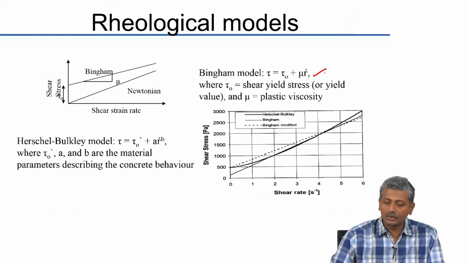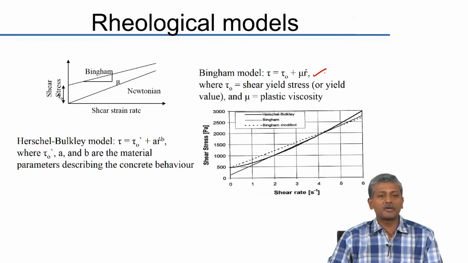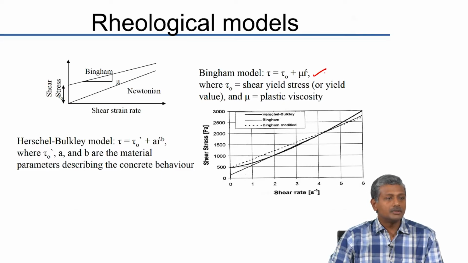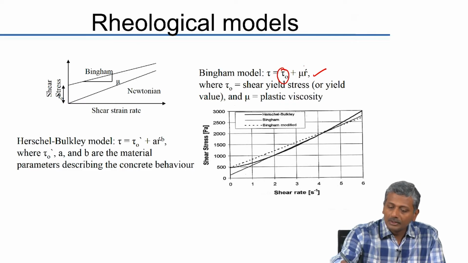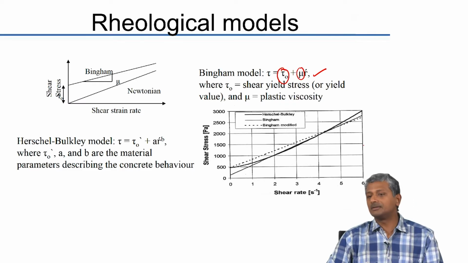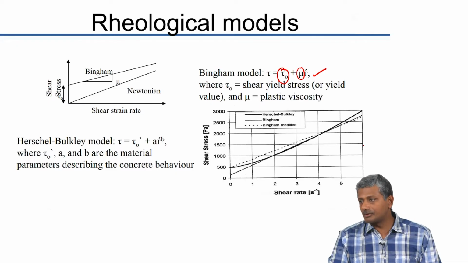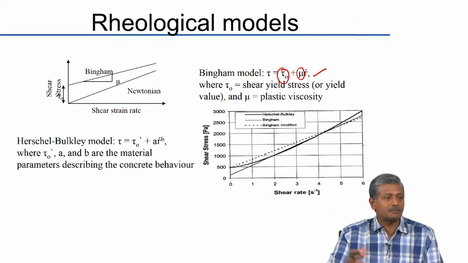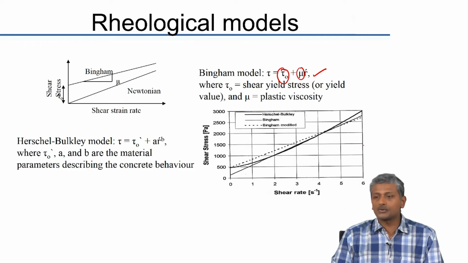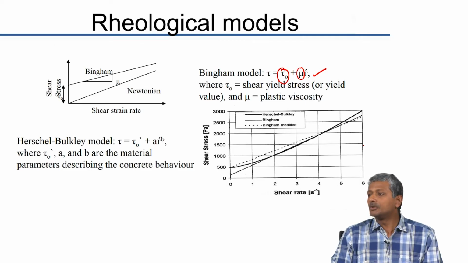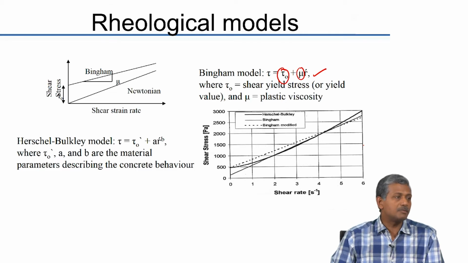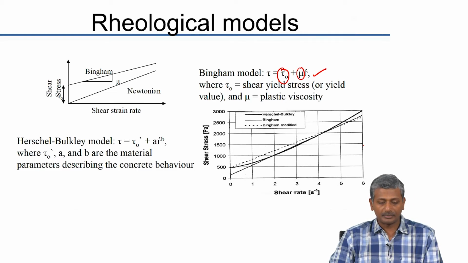So, if you do an experiment, you can plot the shear stress against the shear strain rate and obtain the two fundamental parameters that define the characteristics of the fluid, that is shear yield stress and plastic viscosity, and use that to define the different types of concretes. Rather than just using a slump approach, you now have two parameters, the shear yield stress and the plastic viscosity, which are describing the flow characteristics of the concrete.